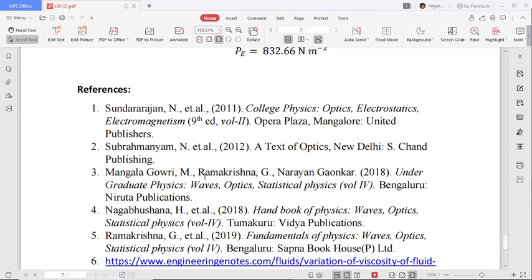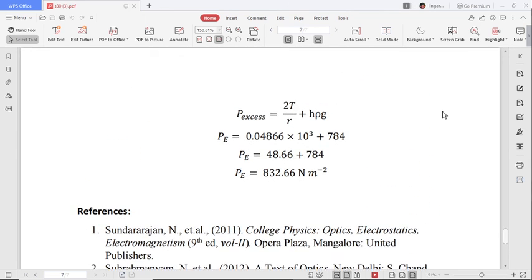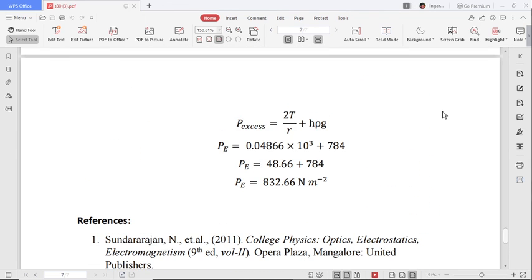Next is Mangala Gauri, who is also a lecturer in University College, and has written an undergraduate physics book. And also Nagbojanias, head of the Department of Physics, University, who wrote the Handbook of Physics. These are the prescribed books, and one more, Ramakrishna. I have referred to all these books to collect the required problems related to our topics.